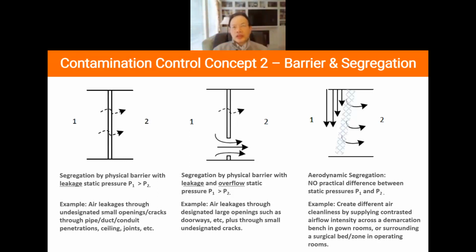So in the surgical zone, you may have ISO 7 or even ISO 6, and in the surrounding area, you may have ISO 8. So you can create an air cleanliness difference without a physical barrier. One way to do it is to provide a different airflow intensity.